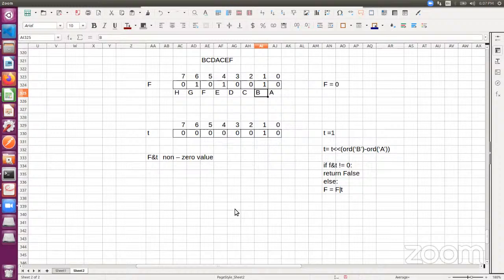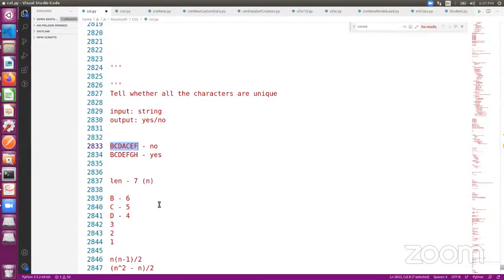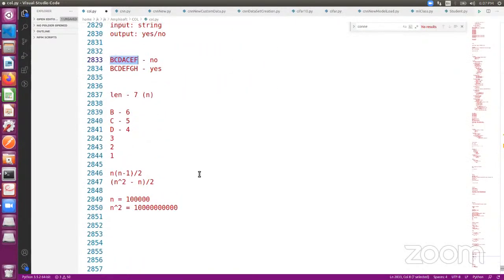Yes, sir, understood, but it's a little complex. Yeah. If you take a string and work it out, you'll understand it better. Okay, fine.